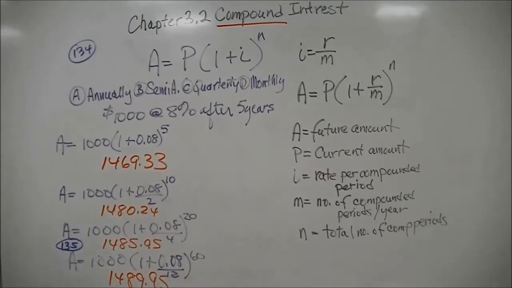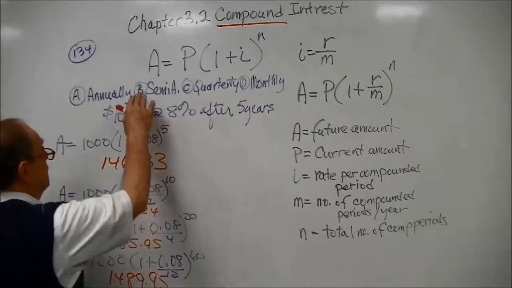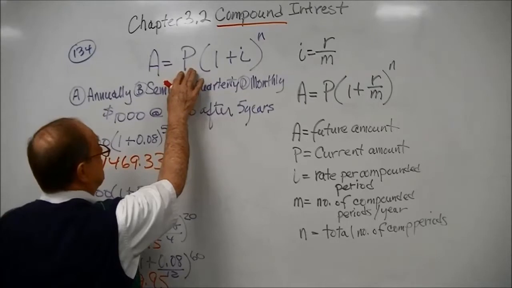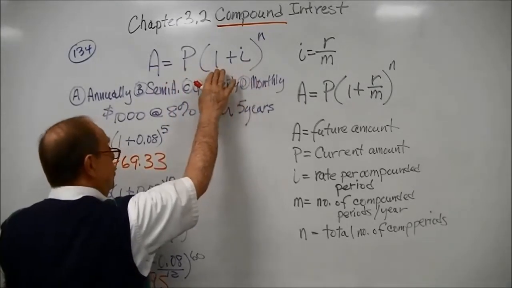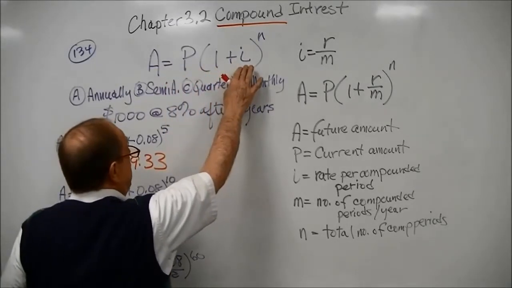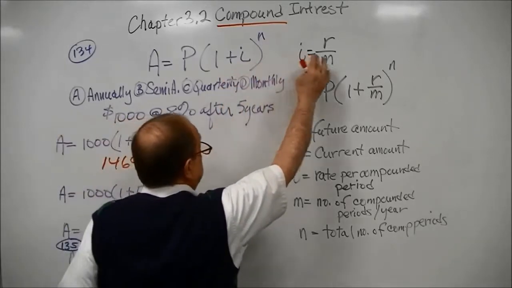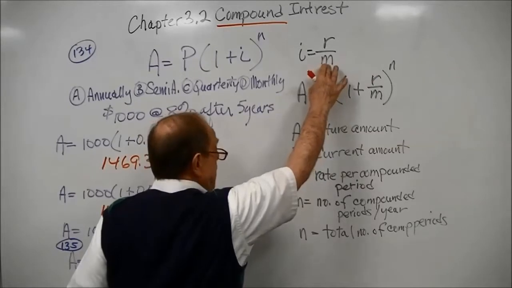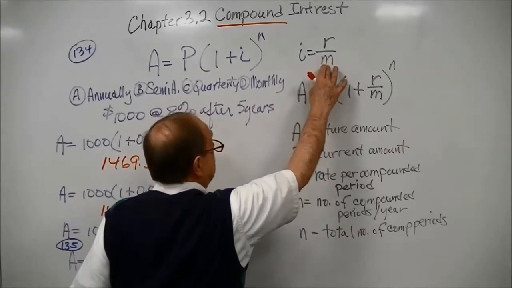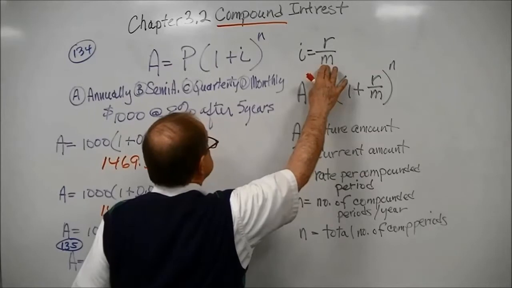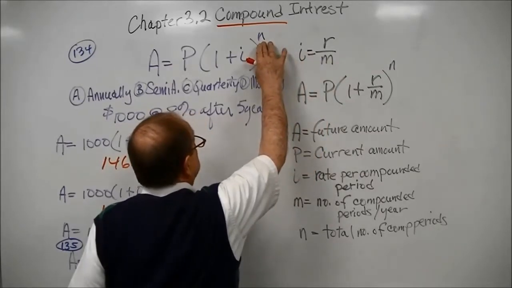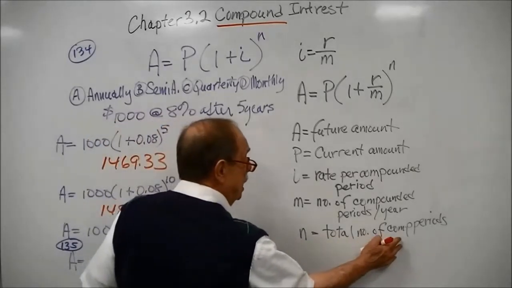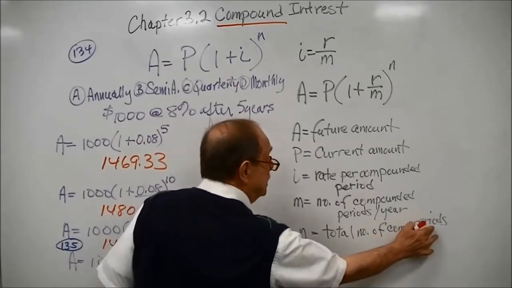So we come up then with this formula, that future amount is equal to the principal times, in parentheses, 1 plus i, and this i is actually the rate divided by the times something is compounded per year, and then raised to the nth power, which is the total number of compounded periods.